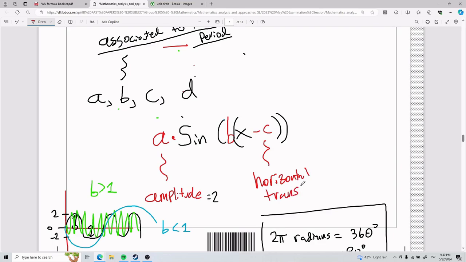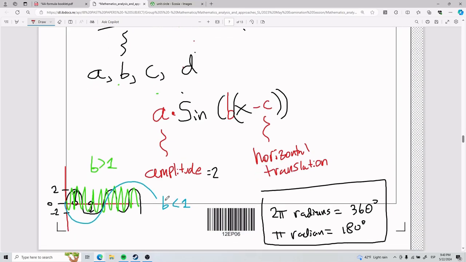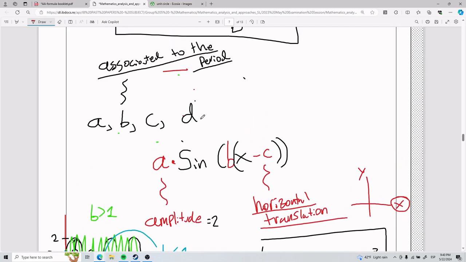Well, notice that it is adding or subtracting directly to x. And x is associated to your horizontal values, because in your xy axis, your x is horizontal. So whatever is adding or subtracting specifically to x will be a translation to the left or right, okay? And last but not least, for d, you guessed it, it's going to be the vertical translation, okay?